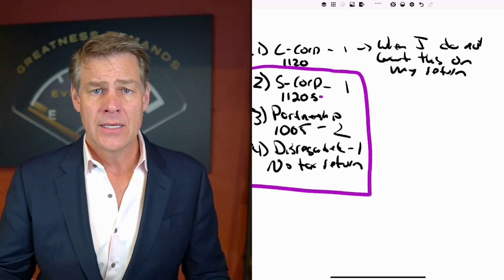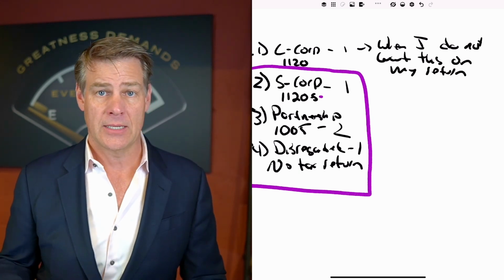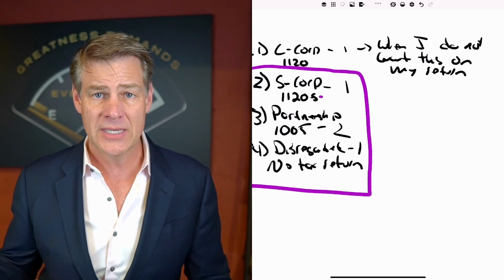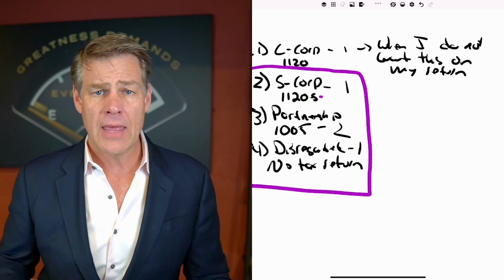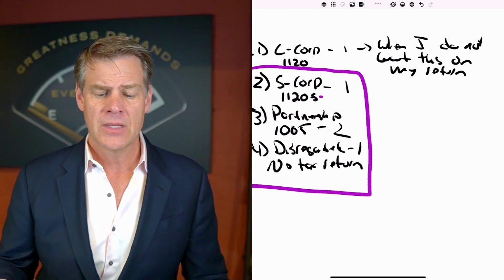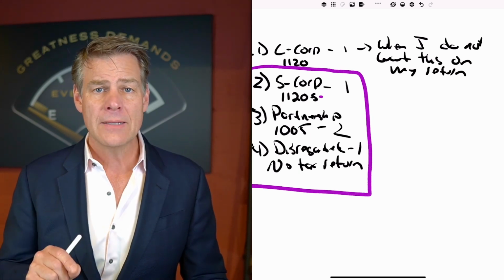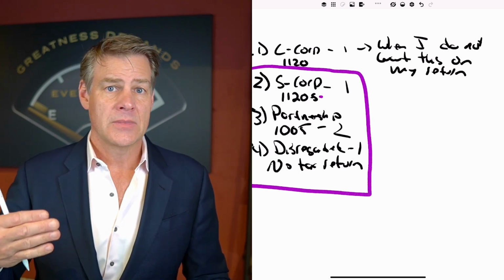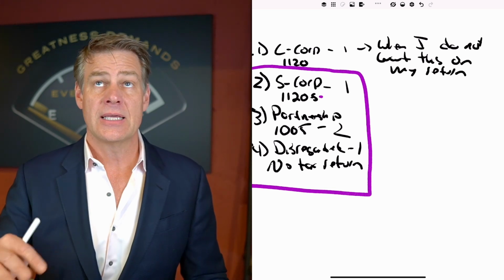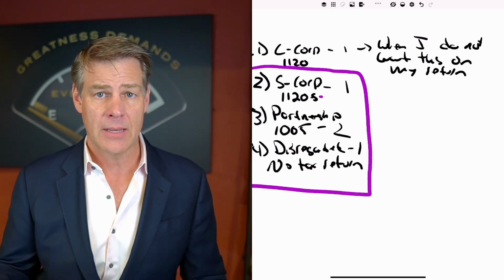A secondary concern is that if you have a business and you're making really good money in it, let's say you're making $800,000 or more in your business, and you don't need all that money, and in fact, you're reinvesting that money back into the business, then I would choose C corporation as well for my business. Why? Because on $800,000, let's say I take out $600,000 and I leave $200,000 in my business.